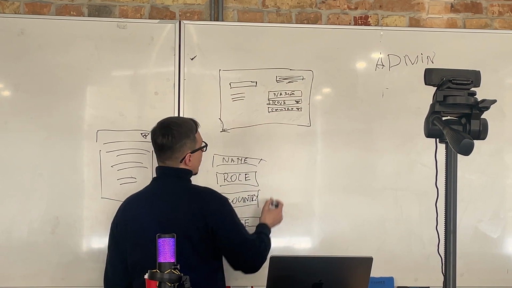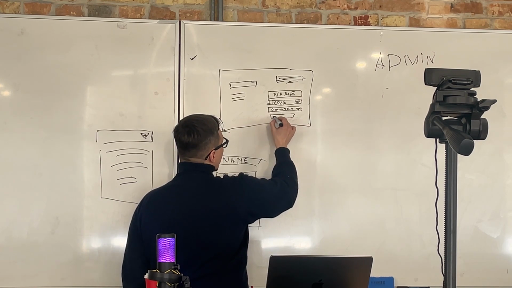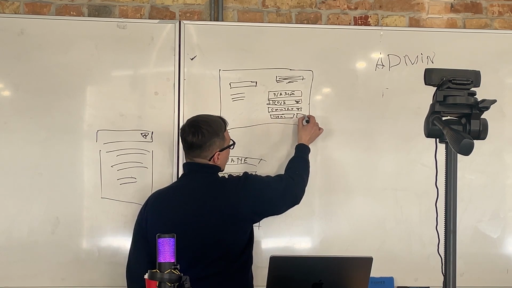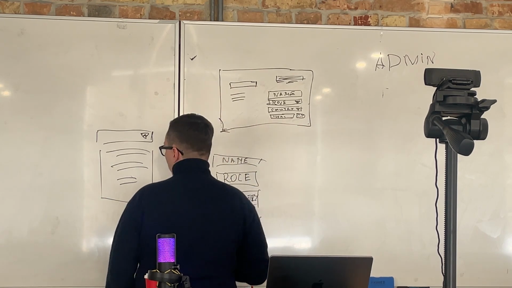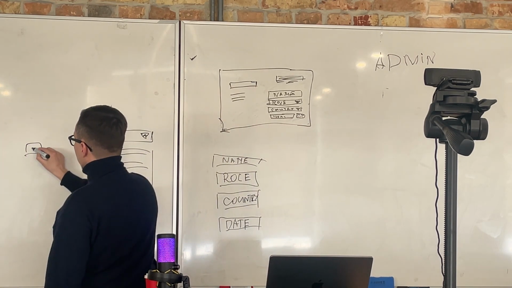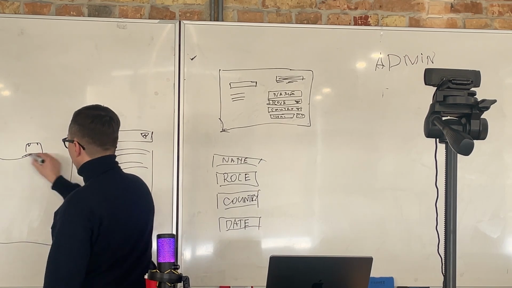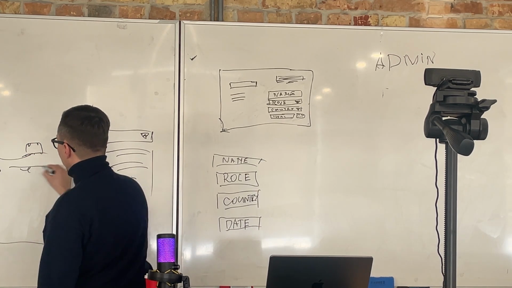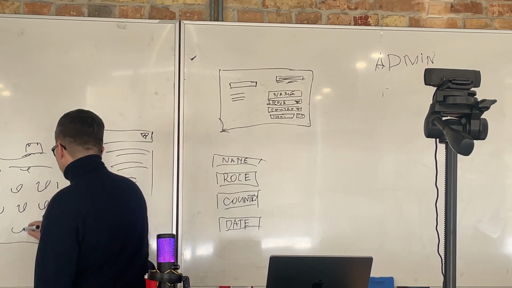And then we have date. For date, let's say we can choose a date picker. We can put here, like, 1st of March, and a calendar icon with a date picker. A date picker works as usual: a window with months and dates, you know how it looks.